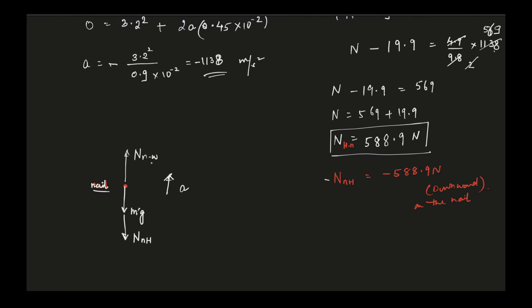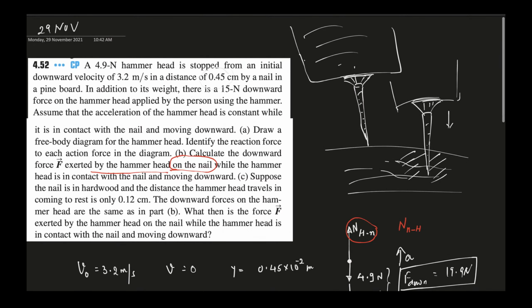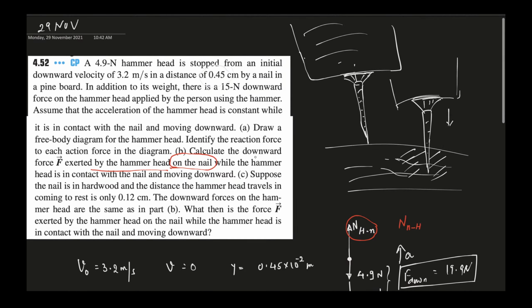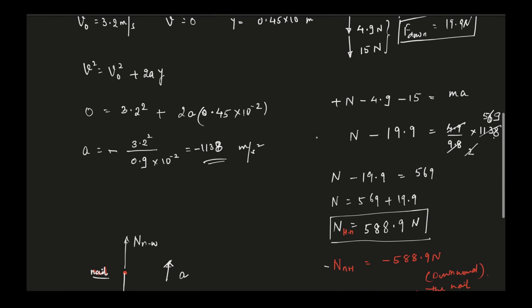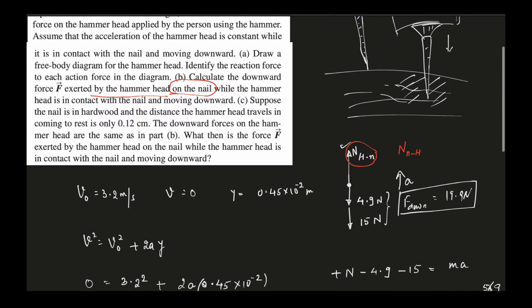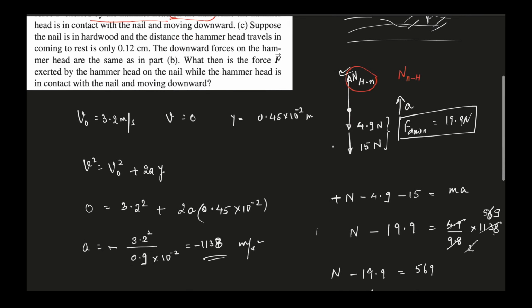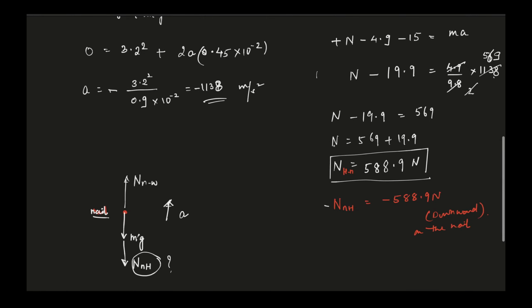Yeah, so that's how the free body diagram looks. The problem is asking you only this component, how much it is, that is the force exerted by the hammer on the nail. This is the same as this one because they are an action-reaction pair, and that can be calculated.